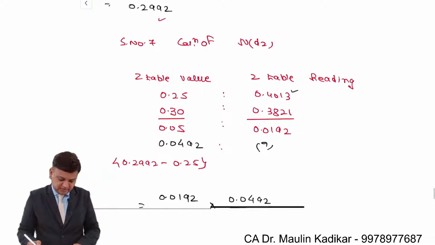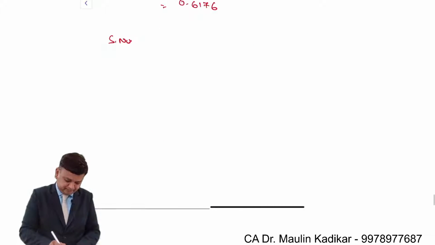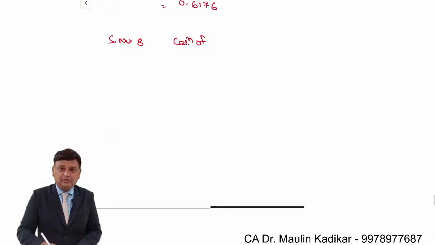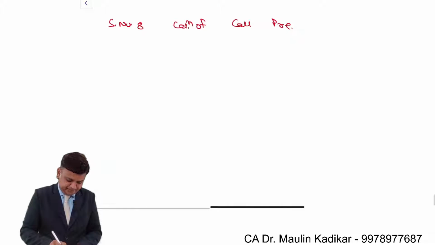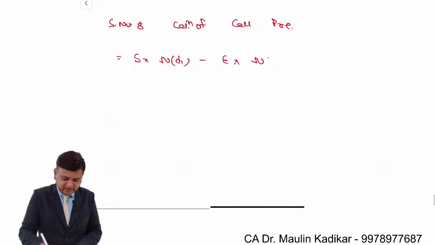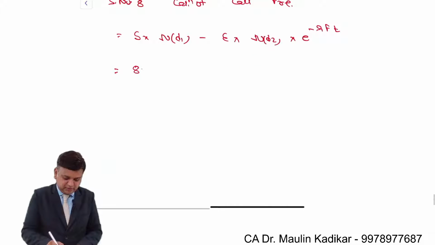Step number 8. Calculation of call premium. Spot into ND1 minus E into ND2 into E raised to negative RF into T. Spot is 80.